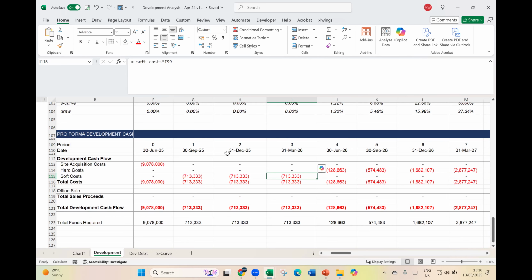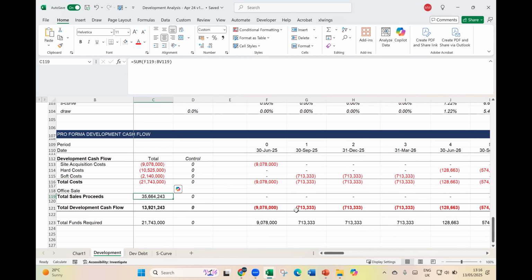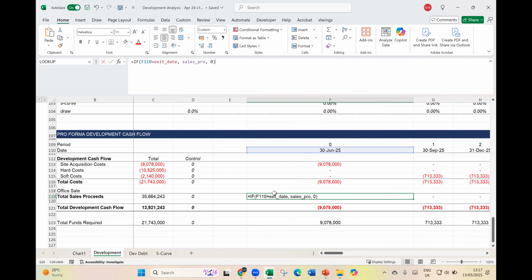Then the other thing here that we need to do is to look at the sales proceeds. So how do you do the sales proceeds? From an Excel point of view, what we need to do is say, okay, is my date, so we use a simple IF function, IF F110, which is the date, equals exit date.